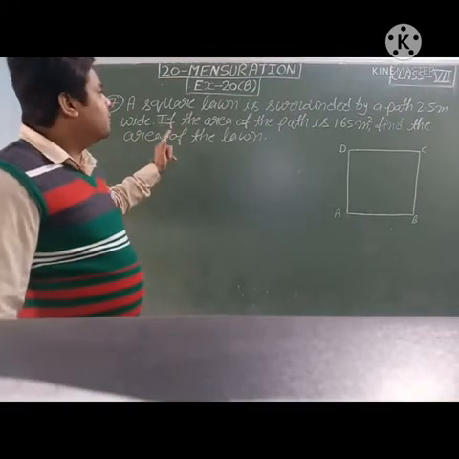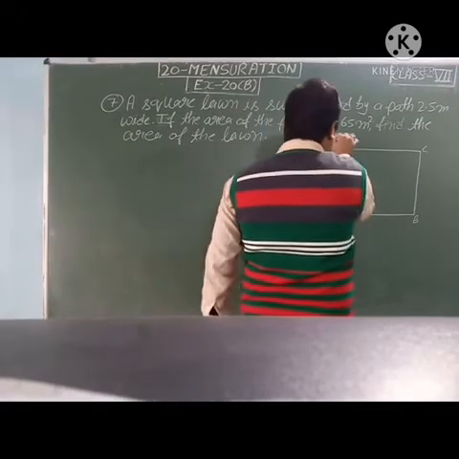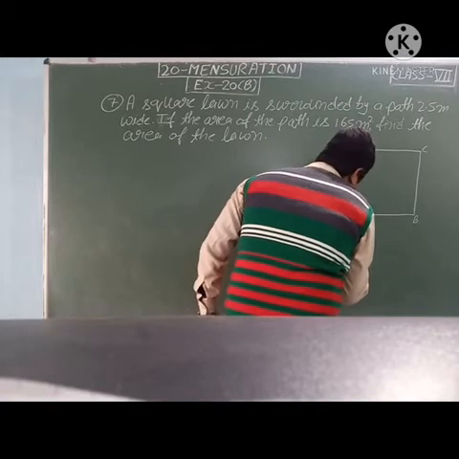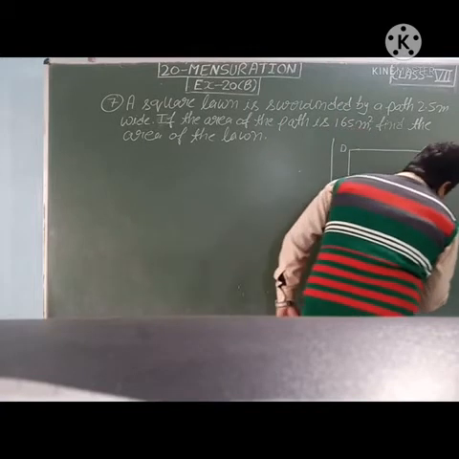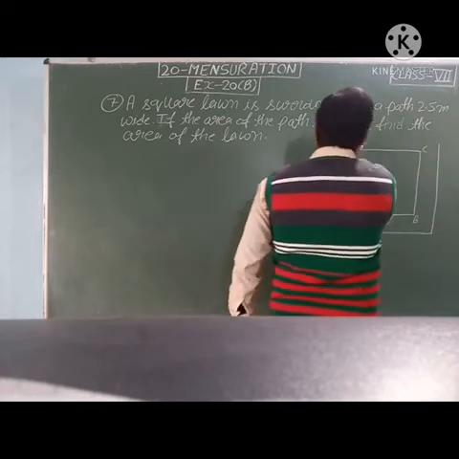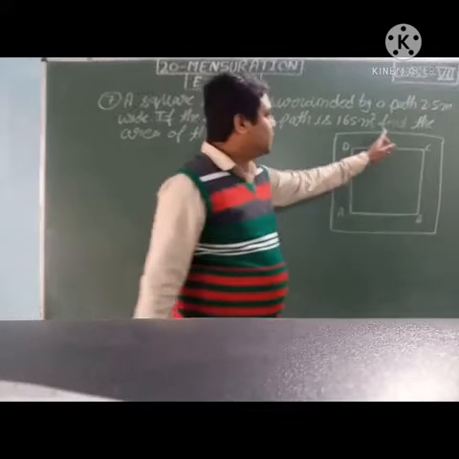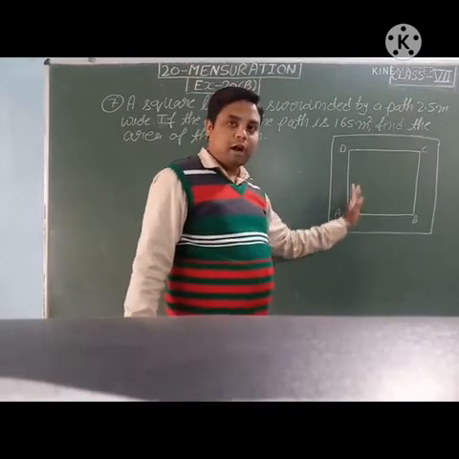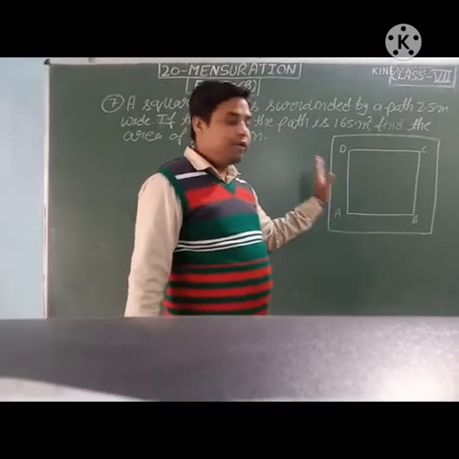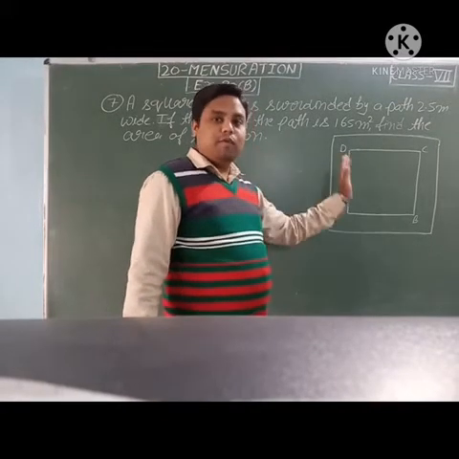It is surrounded by a path 2.5 meter. So students, it is surrounded by the path. The width of the path is 2.5 meter. Like this. It is the width of the park. Around the square park, a width is 2.5 meter. That is surrounded all the 4 sides.